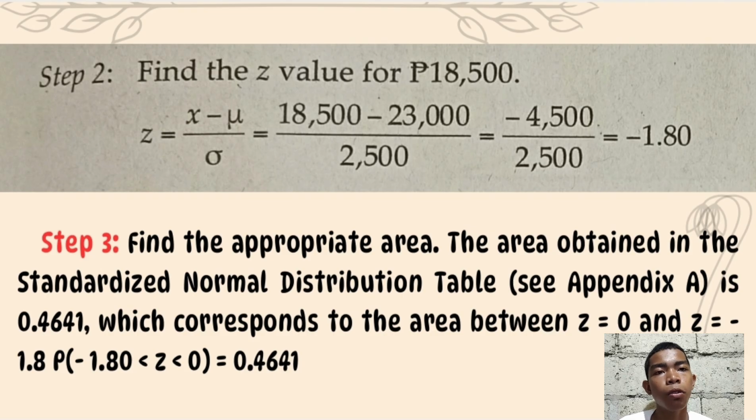Step 3, find the appropriate area. The area in the standard normal distribution table, Appendix A, is 0.4641, which corresponds to the area between z equals 0 and z equals negative 1.80. So P(negative 1.80 < z < 0) = 0.4641.